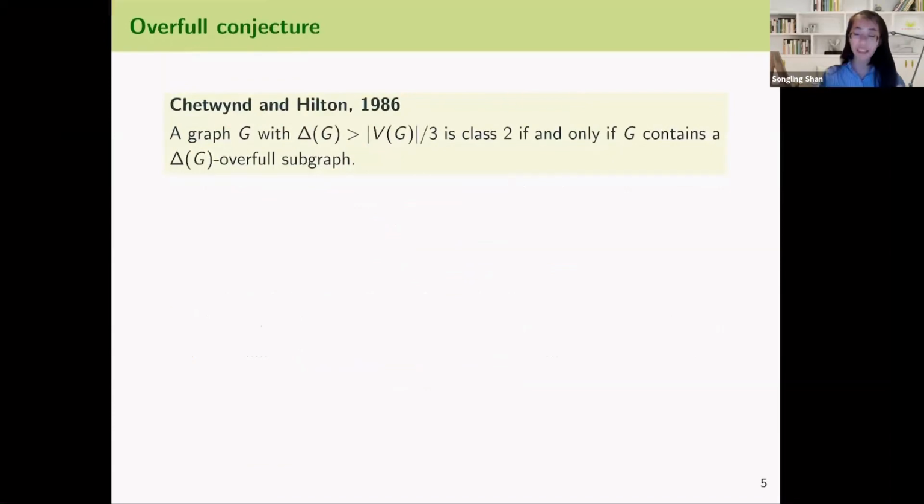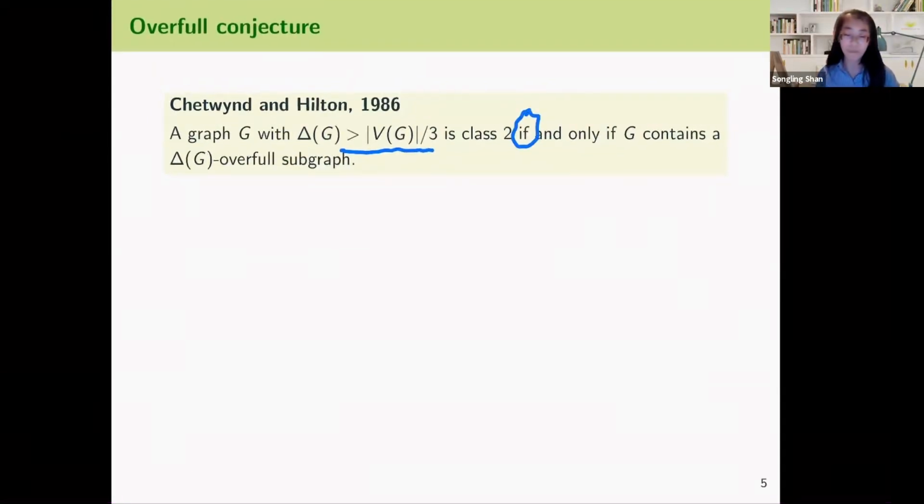One conjecture in this direction, proposed by Chetwynd and Hilton in 1986, says that as long as the graph has large maximum degree, bigger than the order divided by 3, then the graph is class 2 if and only if it contains a Δ(G)-overfull subgraph.